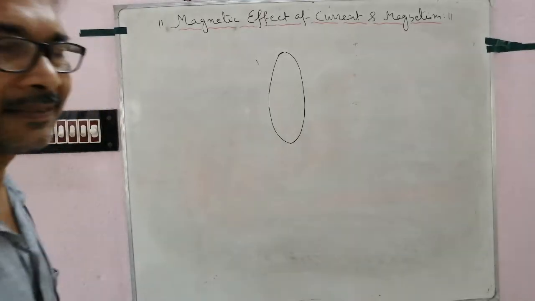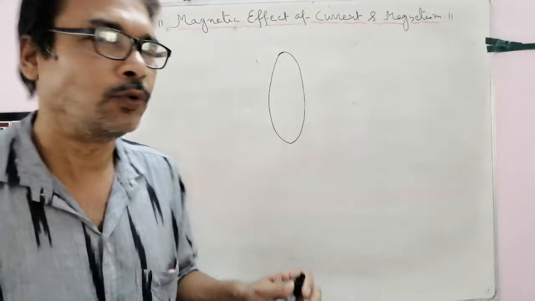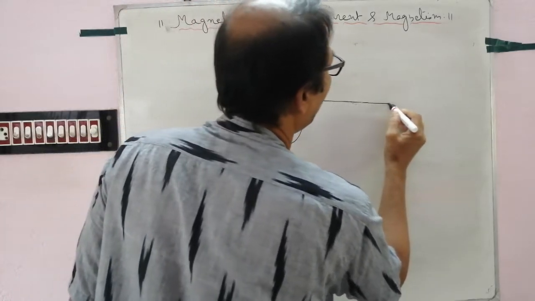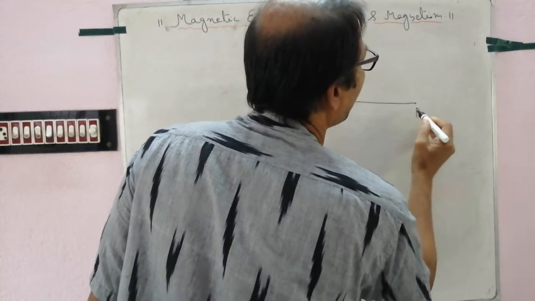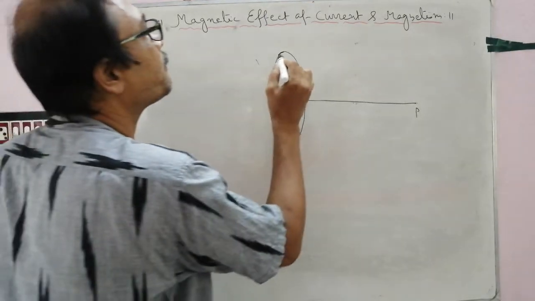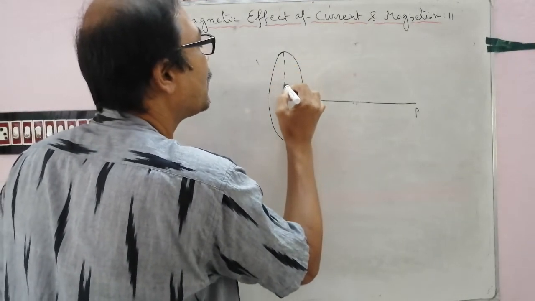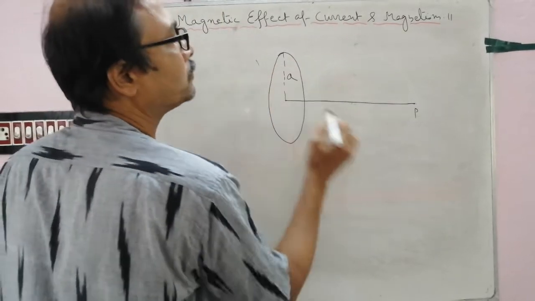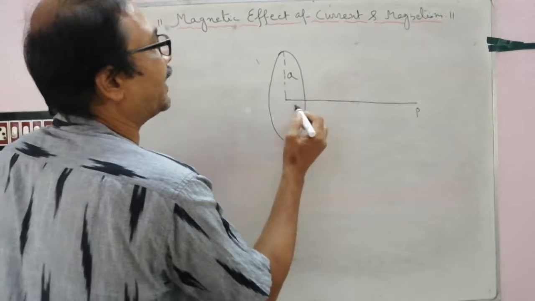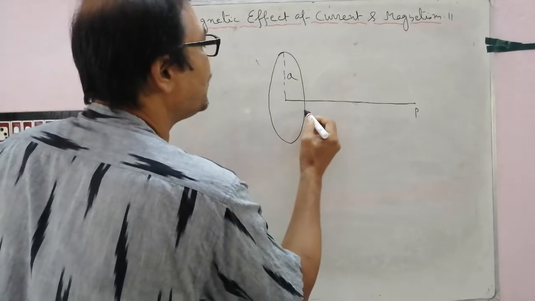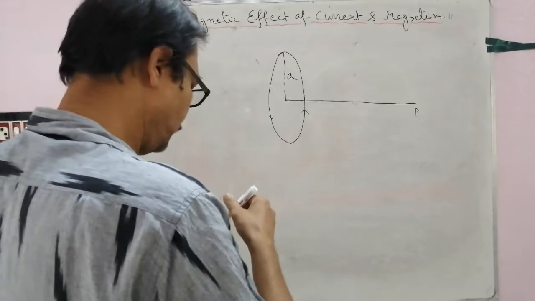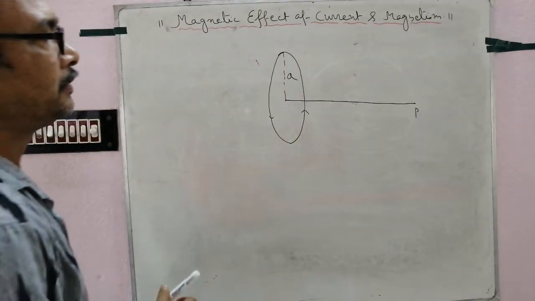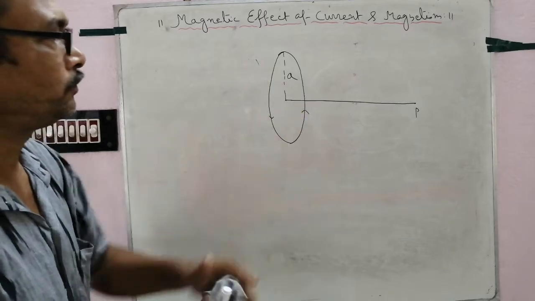In my last class, the magnetic field was found at the center, but today this is a circular loop and P is the point on the axis, with radius a. The current is in the anticlockwise direction.